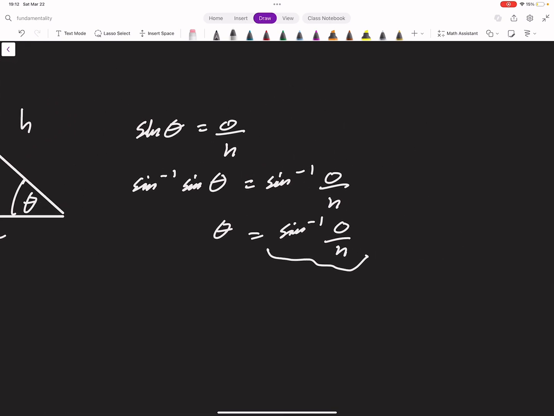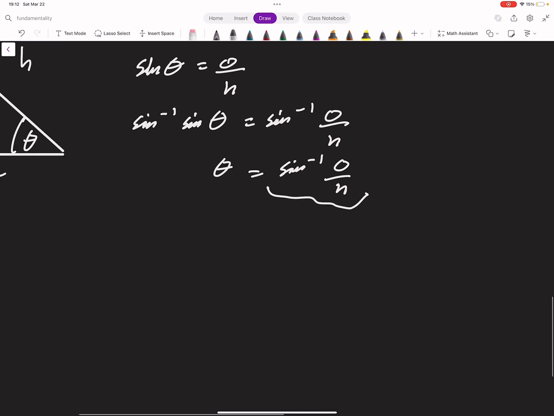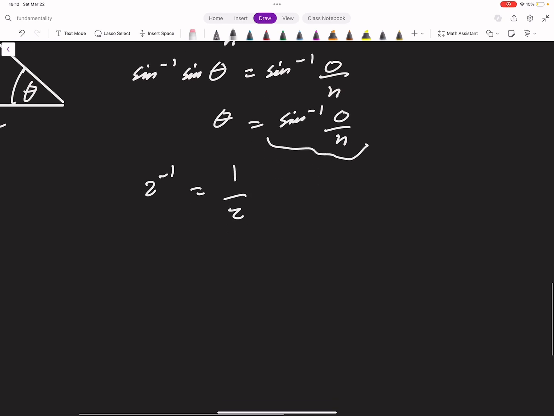A few things to say about the inverse function is that actually it says sine to the -1, but that's not really what's happening. Because -1, you usually think, if you're given, let's say, 2 to the -1, that's 1 over 2. Sine to the -1 is not 1 over sine theta.